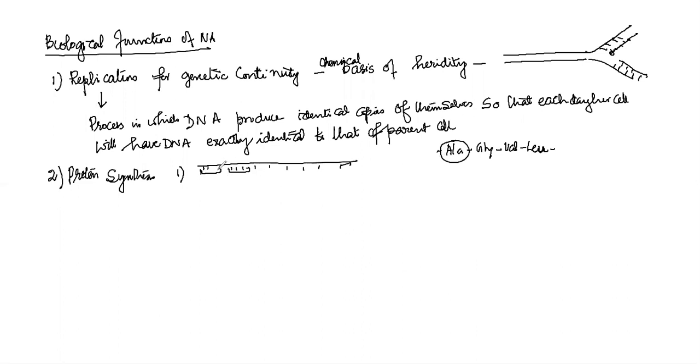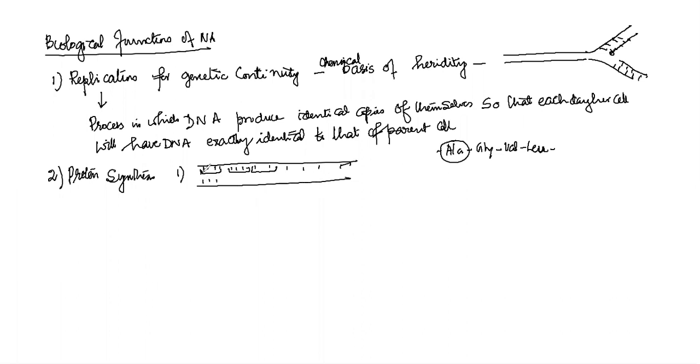Like this, the DNA carries the code. And this is translated by constructing a messenger RNA. That means from this it will form a corresponding RNA molecule.